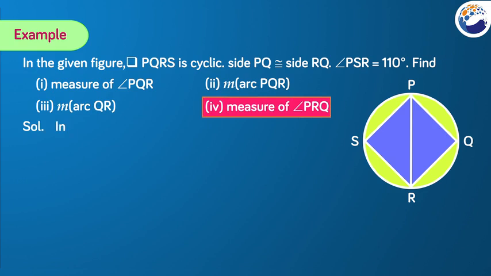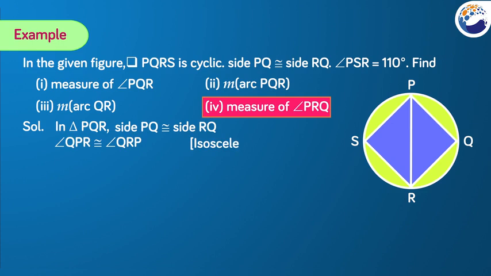Step 4: In triangle PQR, side PQ is congruent to side RQ. Angle QPR is congruent to angle QRP, by the isosceles triangle theorem. Let angle QPR equal angle QRP equal x degrees.